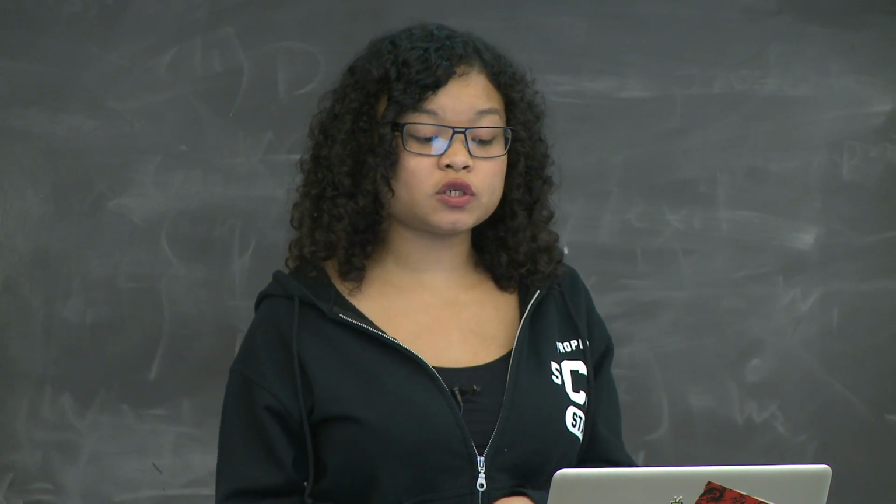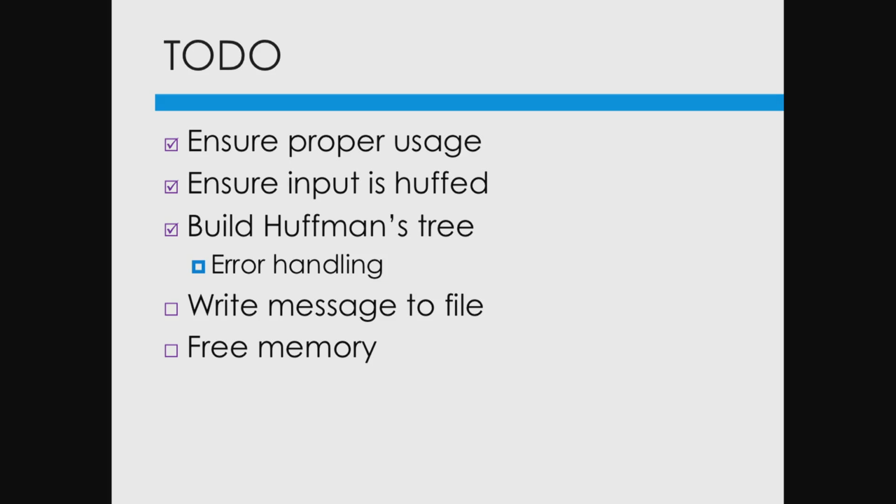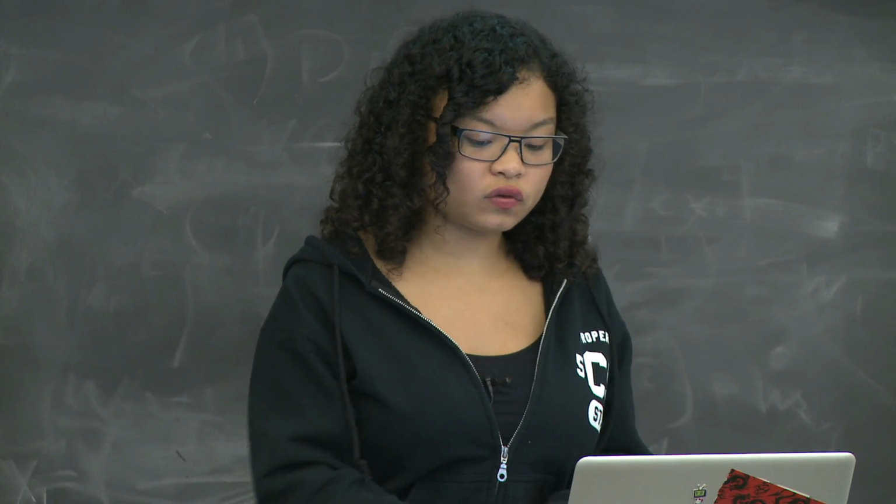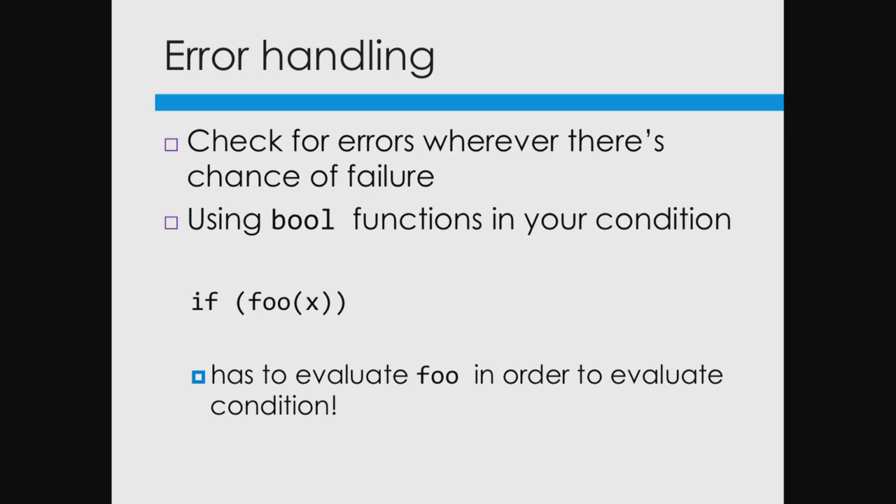What you want to do is make sure that you handle those errors, and the spec says to handle them gracefully: print out a message to the user telling them why the program has to quit, and then promptly quit. To do this error handling, remember that you want to check every single time that there could be a failure.